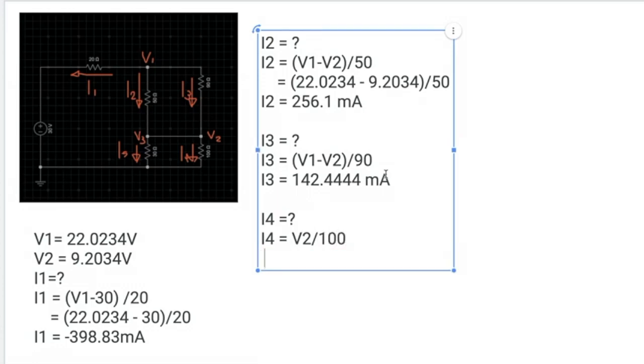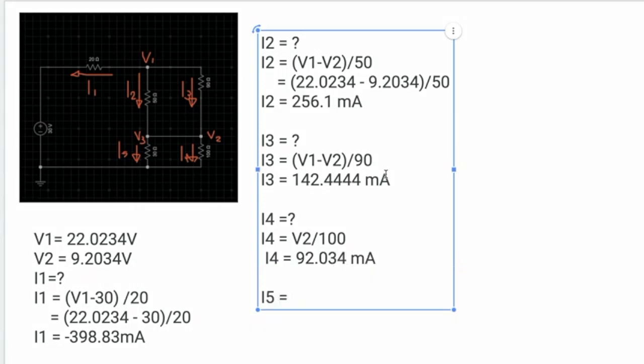So V2 is 9.2034 divided by 100, so I4 is 92.034 milliamps. And I5 equals V2 divided by 30. So that will be 306.78 milliamps.